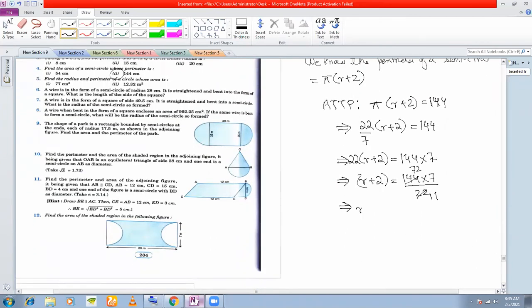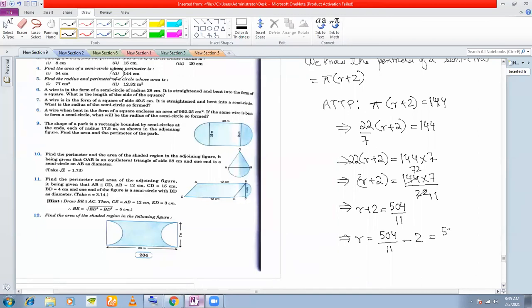That means r plus 2 is equal to 72 into 7, which is 504, divided by 11. That means r is 504 divided by 11 minus 2.